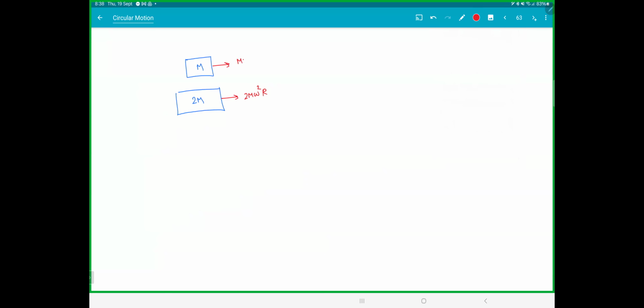This also will be outward, m omega square r. So we can clearly see here that 2m has more centrifugal force, so it would try to go away from the center.